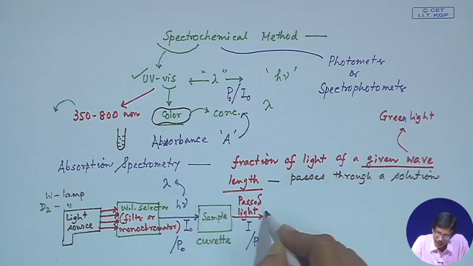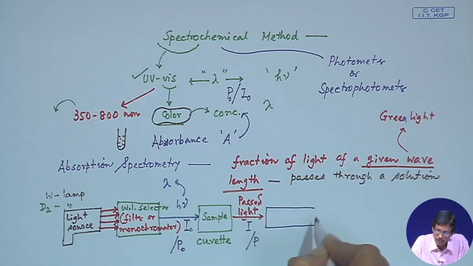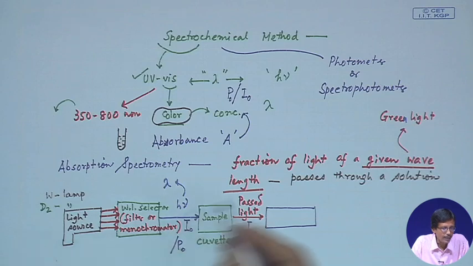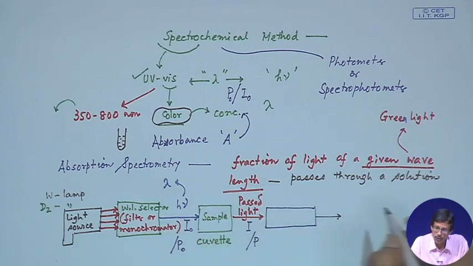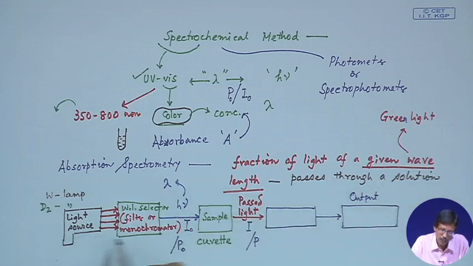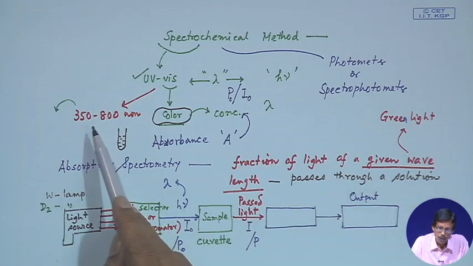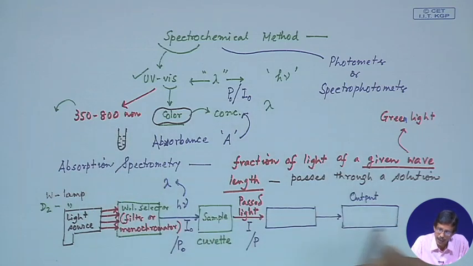So, what we can do next is a very simple process, that some electronics will be available and that particular thing such that we get a corresponding output for that. So, the basic idea is that how we get the corresponding output. So, your output is nothing but how we get the corresponding plot, that means with respect to the different wavelengths, that means 350 to 800 nanometer, the whole range you can have.